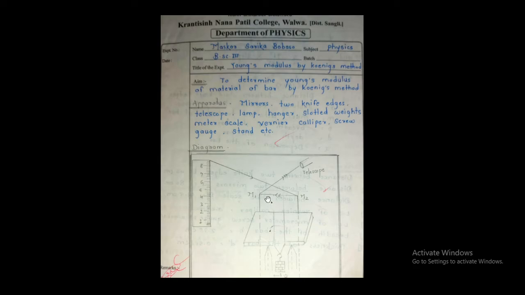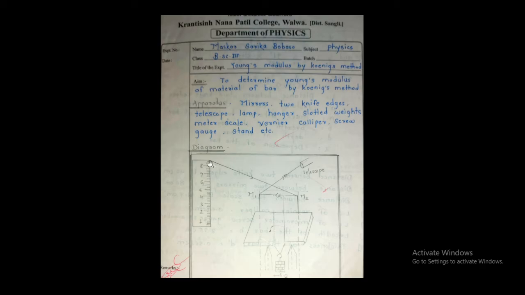The third step is that we have to focus the scale in the mirror through this telescope. After applying the loads in the range of 50 gram, we have to note the change in the scale reading in two steps: one while loading and another while unloading in the same steps.